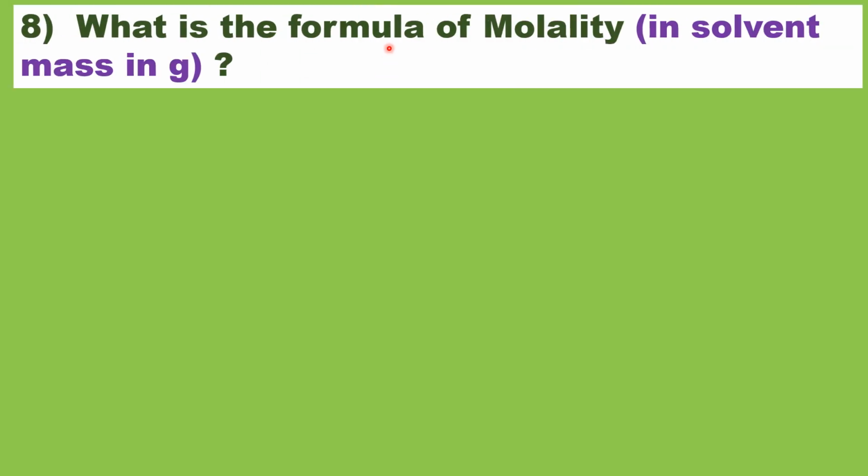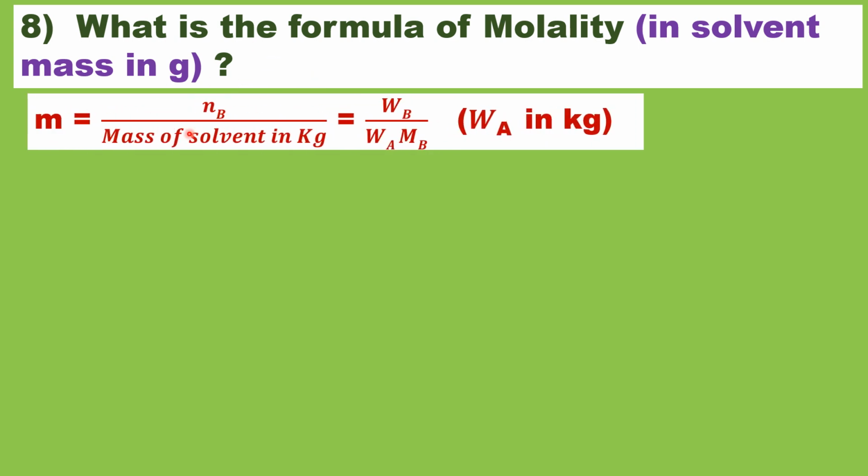Now, what is the formula used for calculation of molality when solvent mass is in gram instead of kilogram? Usually in exams it is given in grams, not in kilograms. So, let us first take NB. NB equals weight divided by molecular mass. Let us substitute here, with weight of solvent WA.